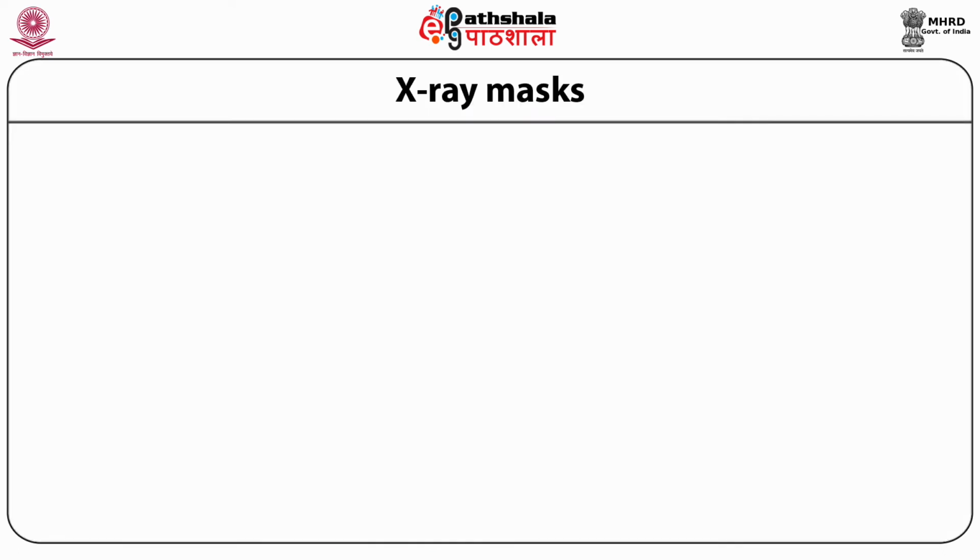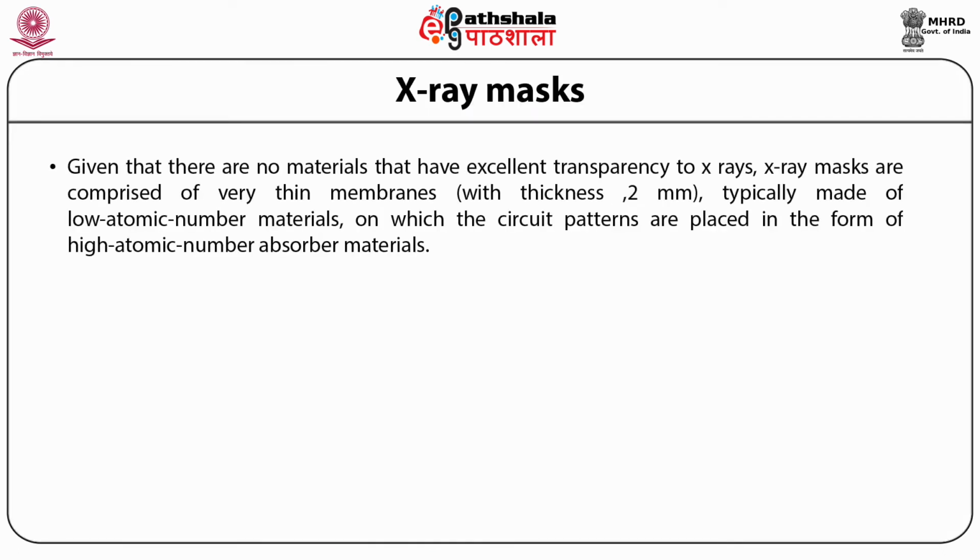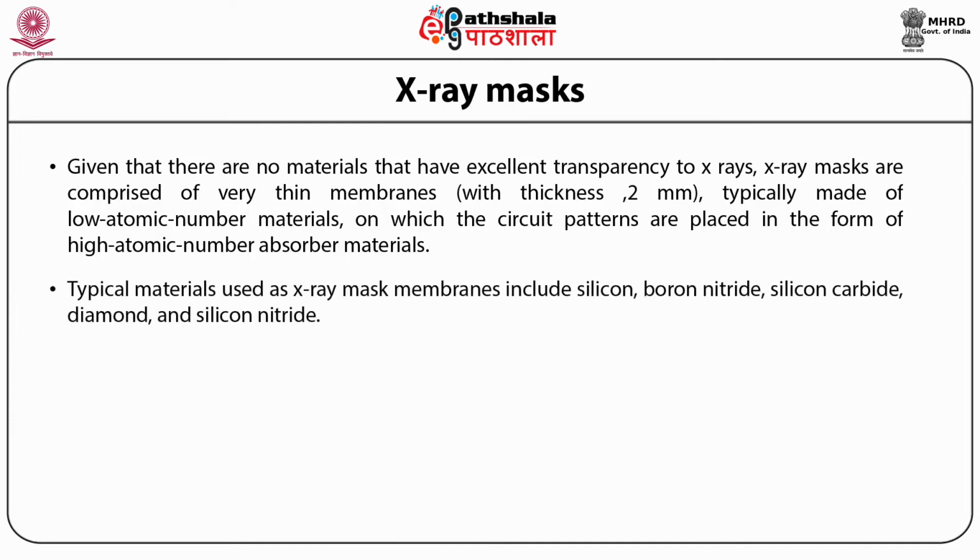X-ray mask. Given that there are no materials that have excellent transparency to X-rays, an X-ray mask comprises very thin membranes, of thickness 2 mm, typically made up of low atomic number materials on which the circuit patterns are placed in the form of high atomic number absorber materials.